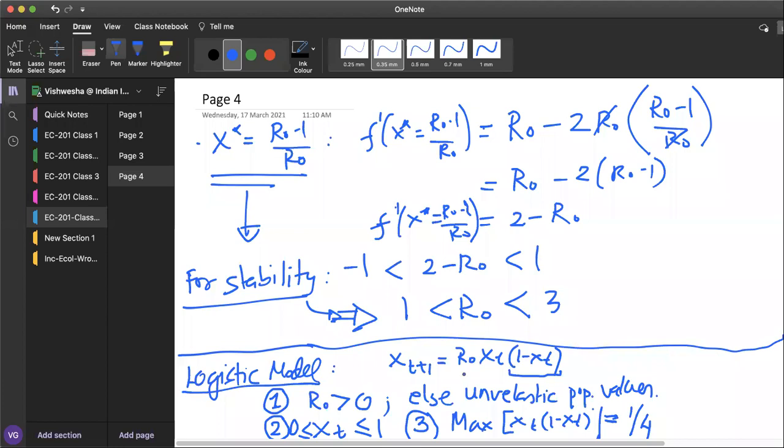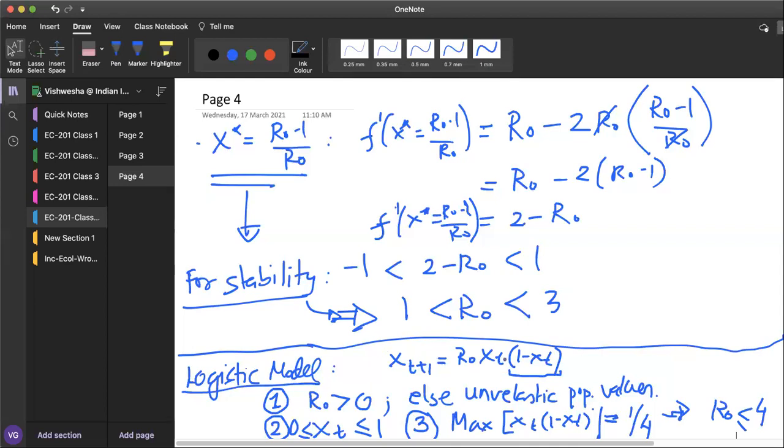Imagine if r0 was now 5. What will be xt plus 1? It will show you weird values, which is negative values.